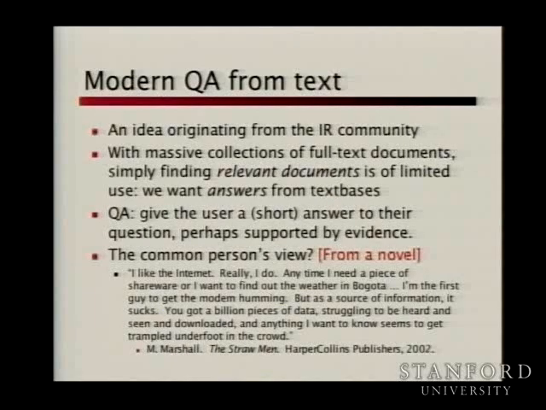Really, this modern conception of question answering didn't so much come from the natural language processing community, but came from the information retrieval community. And if you think about it, what's happened with information retrieval as a field is a little bit funny: the name of the field is information retrieval, which suggests that you're meant to be returning information to people.